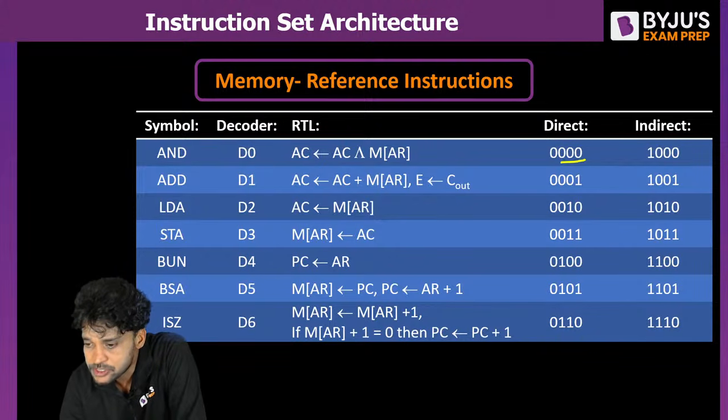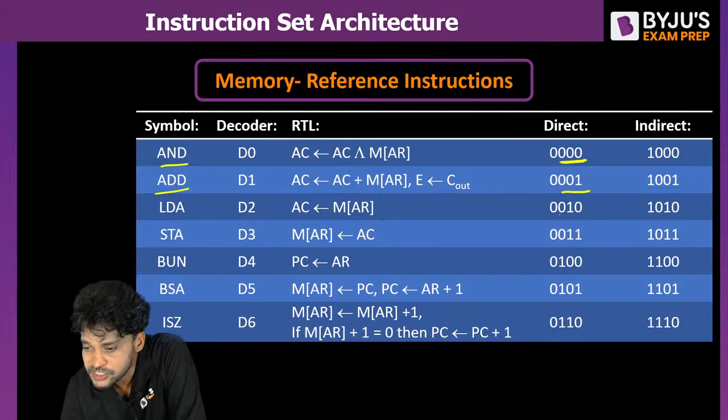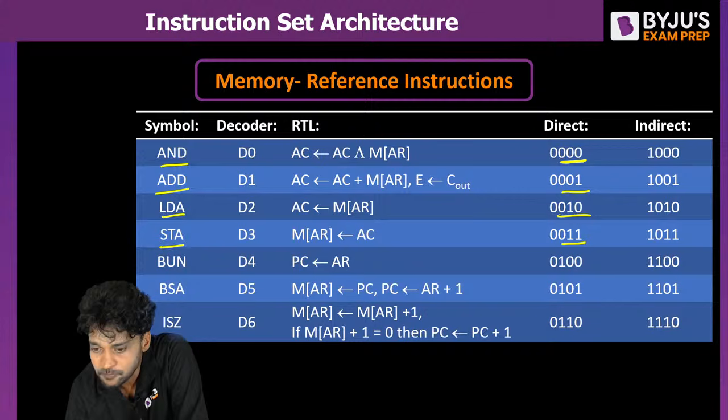Opcode is equal to 000. Watch only the least significant 3 digits of the opcode. If the opcode is 000, AND will get performed. 001, ADD will get performed. 010, LOAD will get performed. 011, STORE will get performed. 100, BUN will get performed. 101, BSA will get performed.